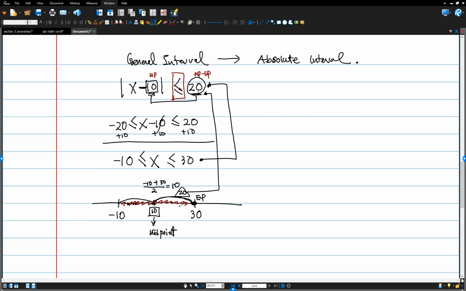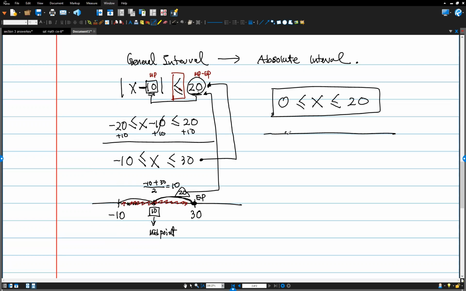Okay, for example, we have this interval: x is greater than 0 to 20. Very simple one. Now we are going to express this one using absolute inequality. Step by step, we have 2 points over here, 0 and 20.